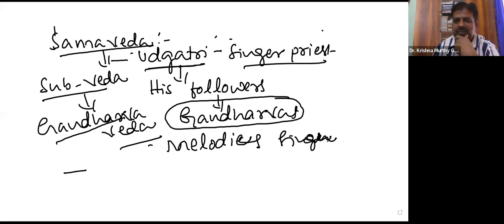Yajurveda contains ritual practices, ritual formulas, yagas, yagnas, and other important things. For example, Rajasuya Yaga, Vajapeya Yaga, Ashwamedha Yaga, Hiranyagarbha Yaga, Putrakameshti Yaga, not Putrikameshti Yaga.